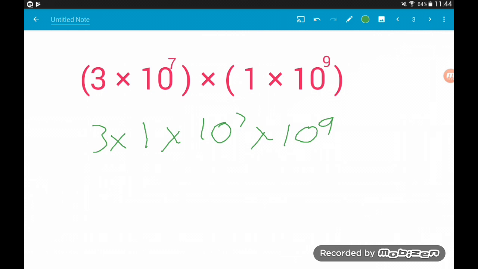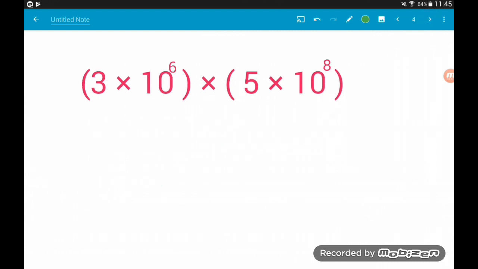Now 3 times 1 is 3. So we've got 3 times 10 to the power of 7 times 10 to the power of 9, which is going to be 10 to the power of 7 add 9, which is 16. So our answer there is 3 times 10 to the 16.